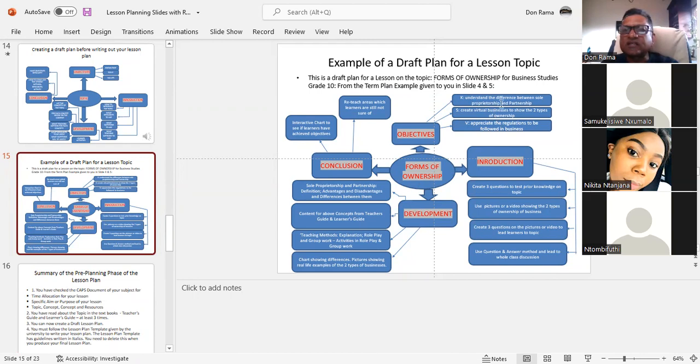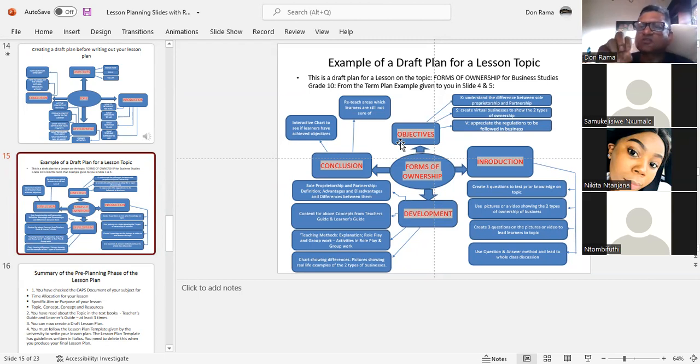And then I put in what we are writing for objectives. Introduction, I put in some details here. Development, some details, and conclusion. Sorry, I'm using the wrong word. It's not details. I've briefly put in things that I will do in these different phases.